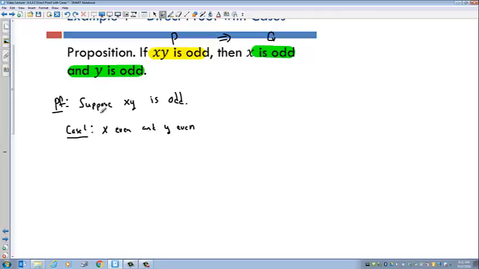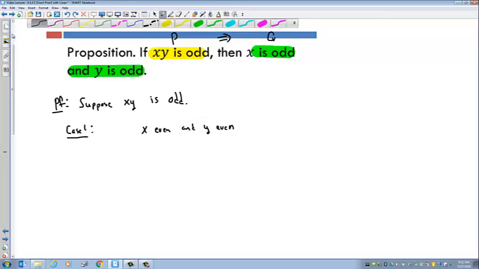And I guess we should say, assume here. So we should say something like, suppose x is even and y is even. Then what?